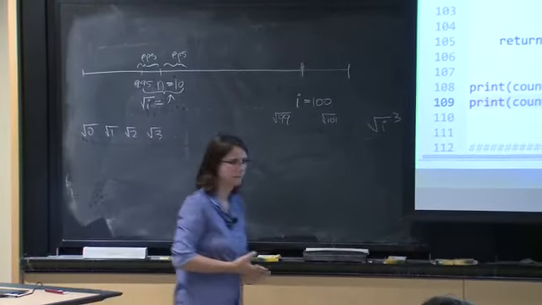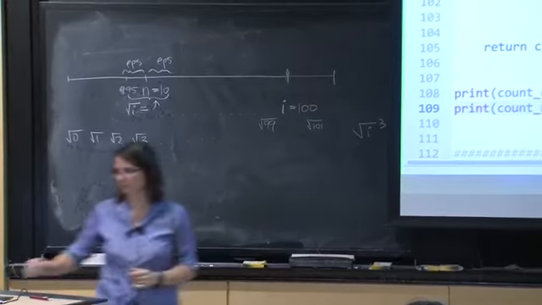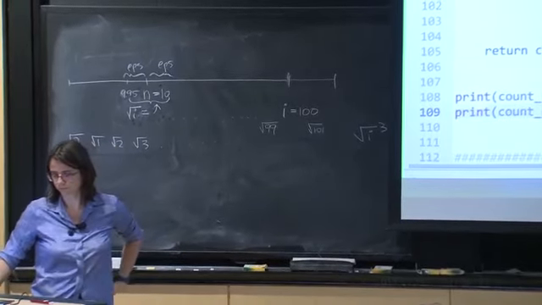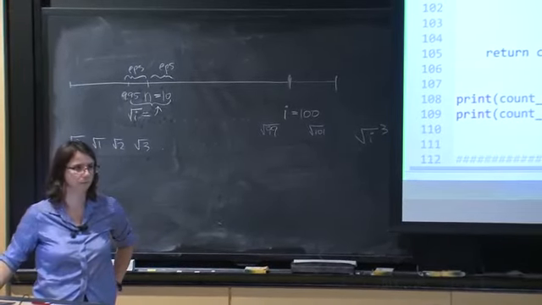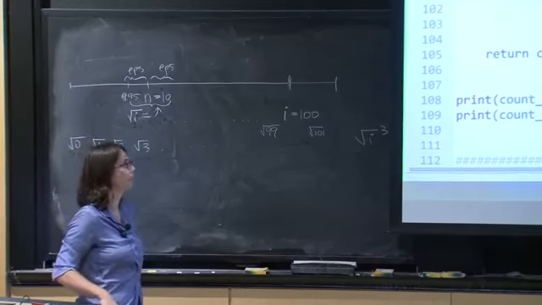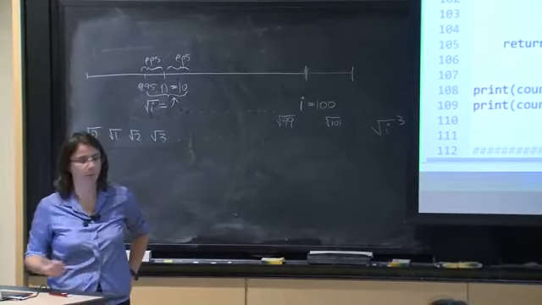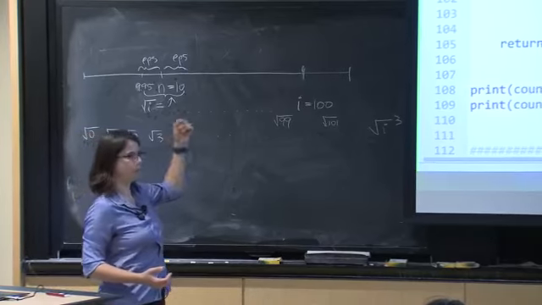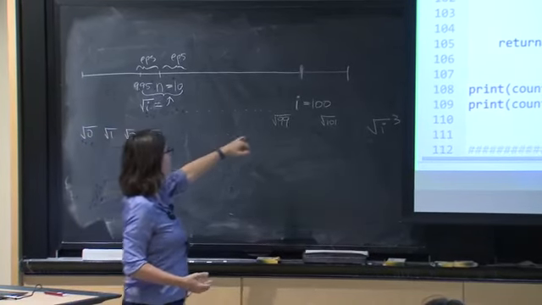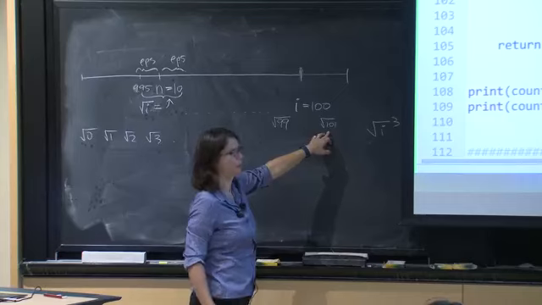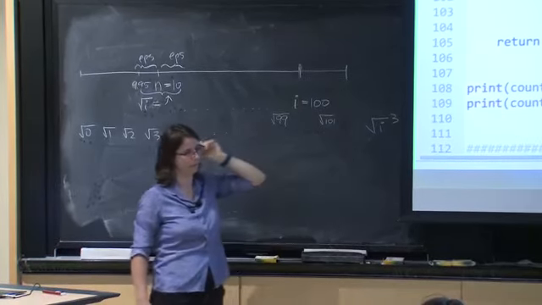Yes? Question regarding the range. Why does it have to be that large a number? It could be smaller. Yeah, it could be smaller. We could have done n to the power of 4. We just couldn't do n squared, because then we would definitely miss 101 and 102 in that particular example.